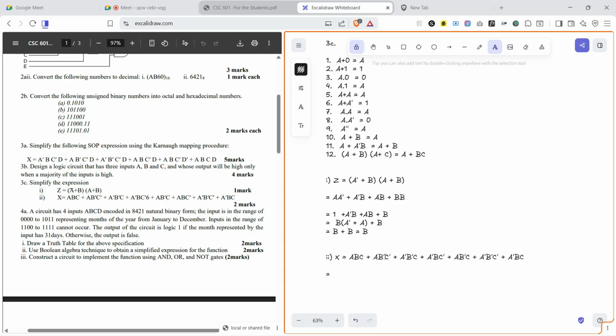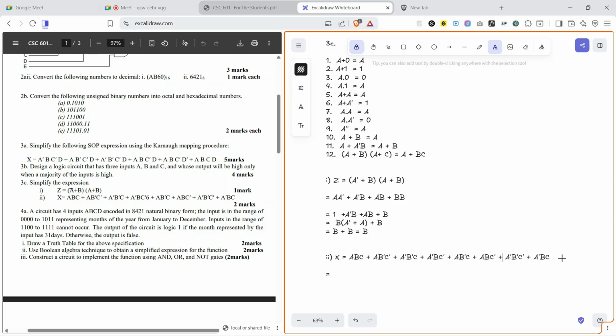A, B, C, A bar B, C, A, B bar C, A bar B, C bar, A, B bar C, then, okay, I think I missed out. After A, B bar C, I missed out A, B, C bar, then plus A bar B, C. Yes, okay. So everything is complete.